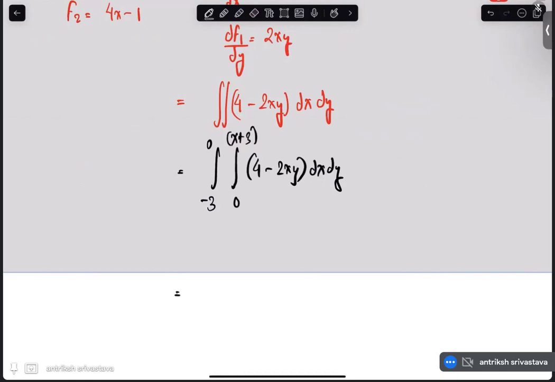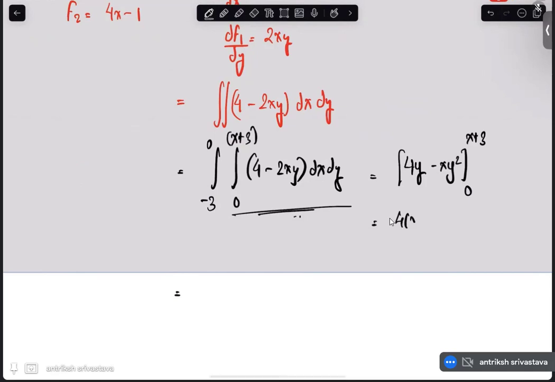So first let me solve this inner part. This is integration with respect to y. So integration will be 4y minus 2x y square by 2. So we can simply write as 4y minus x y square. And the value of y we have to put here is 0 to x plus 3.